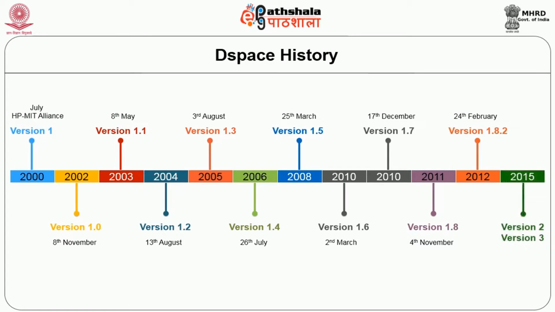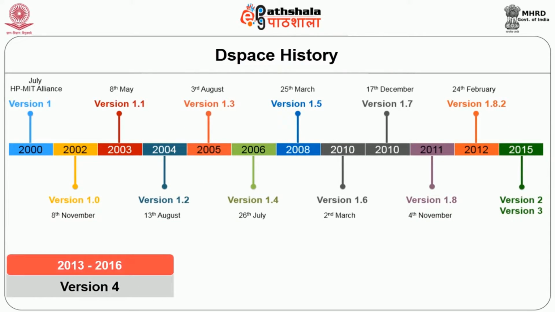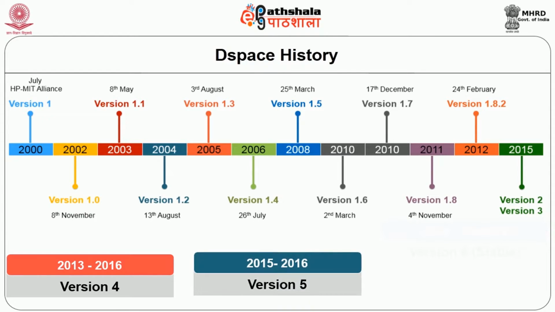After 2011, version 2 happened between 11 and 15. After this, 1.0, 1.2, they started the naming convention like 3, 4, 5, 6. So from 12 to 15, version 3 was available, that is 3.0, 1, 2, 3, 4, 5. And after that, 2013 to 16, version 4 was valid, DSpace 4. And 15 to 16, March, the last version of 5 came in March, that is 5.5.